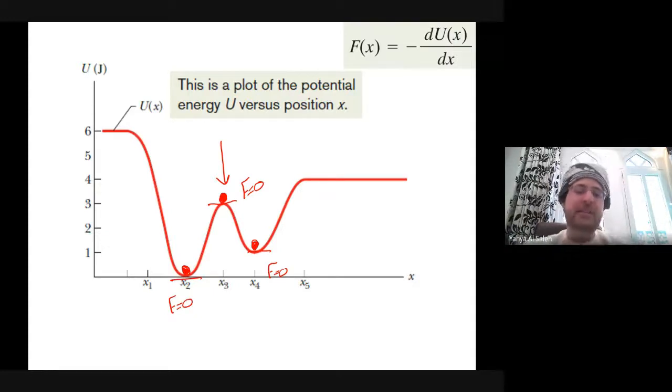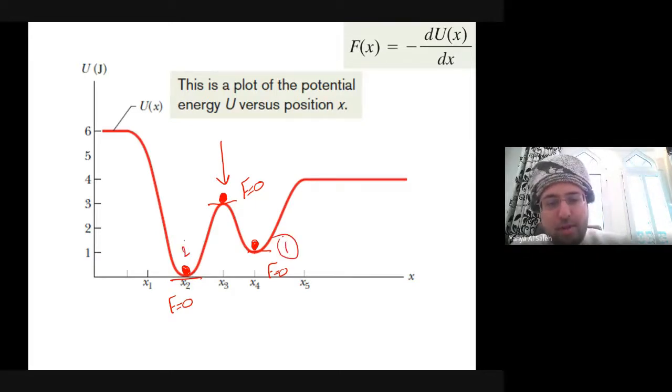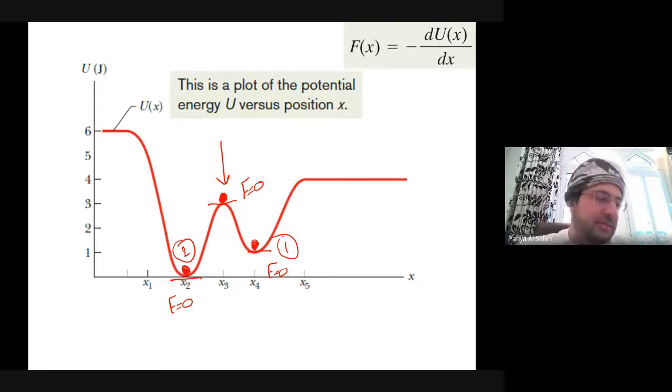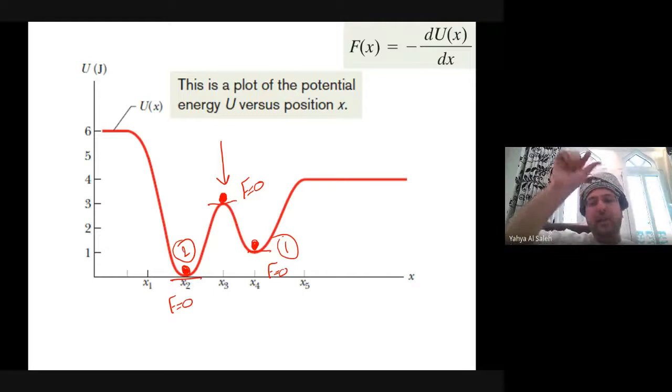But there's a slight difference between the three of them. In position 1 and position 2, the slope equals 0 and the force equals 0. And if I try to take the ball out of it, it will come back to the trough. It will come back to this point down here.